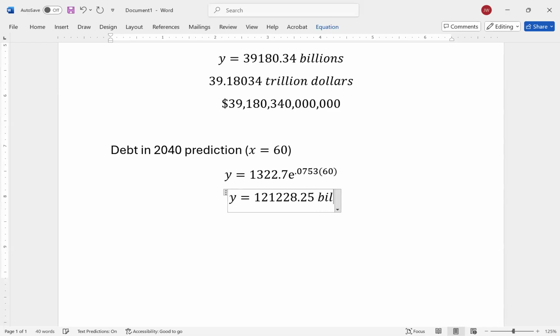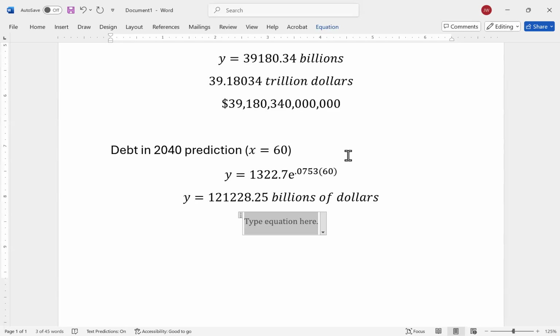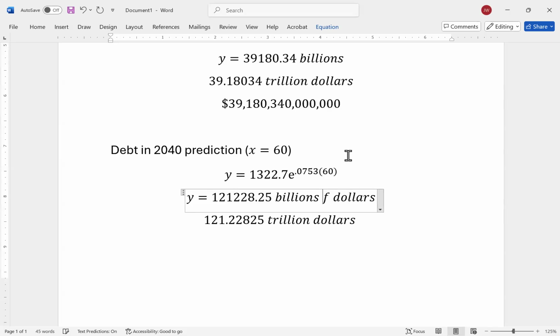That's again in billions of dollars. And I'll just write the trillion number. That's 121.22825, or roughly $121 trillion. So $121 trillion roughly.